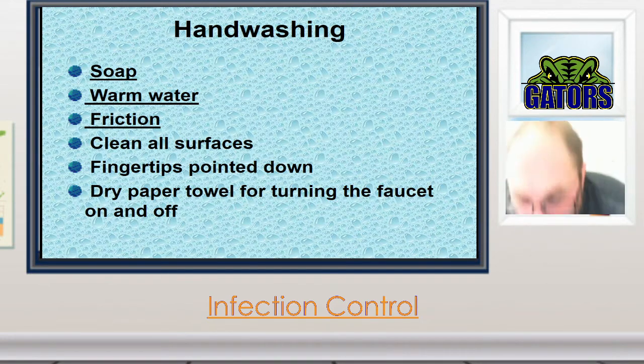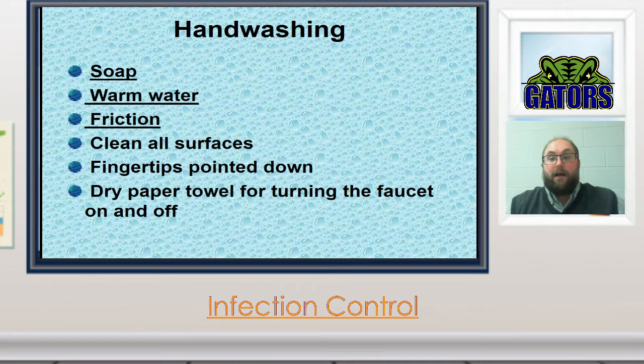Now, you're not going to kill all the bacteria simply by washing your hands, but it's a good start, because what the soap does is it literally lifts off dead skin cells, bacteria, dirt, grime. Soap lifts that off and takes it off our skin, and the water washes it away and takes it down the drain. And so hand washing is absolutely critical when it comes to the aseptic technique. So the main points are soap, water, friction, fingers pointed down.